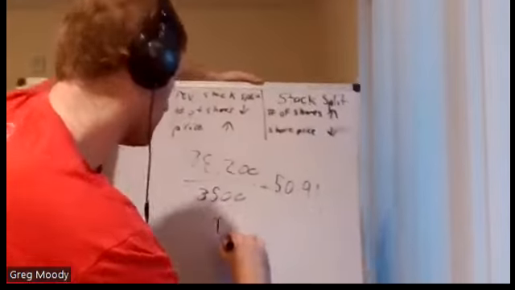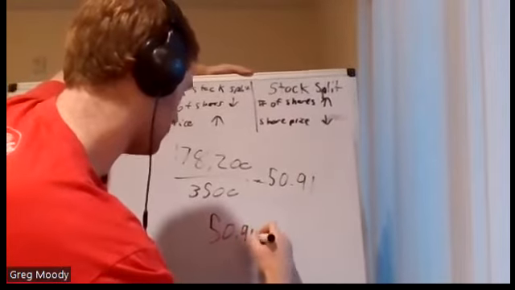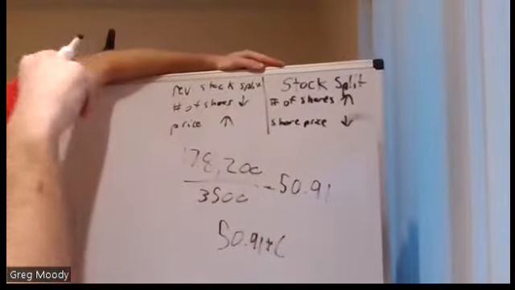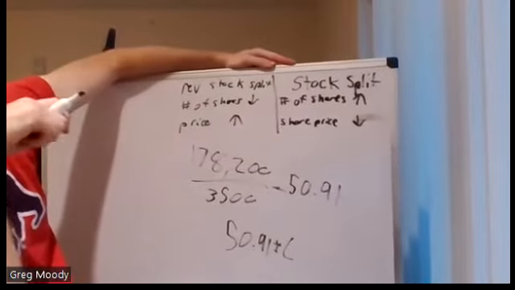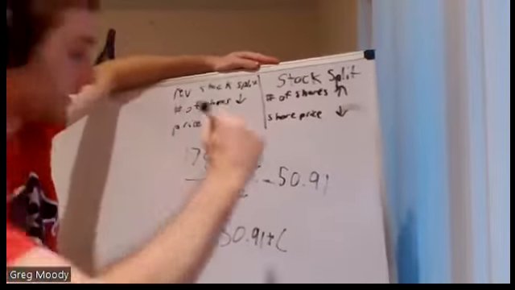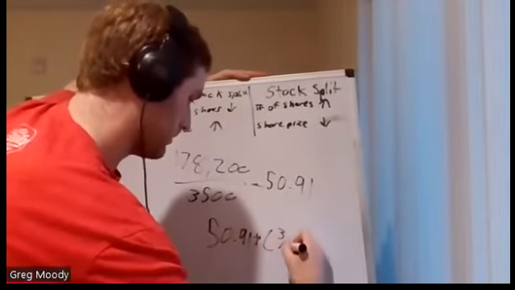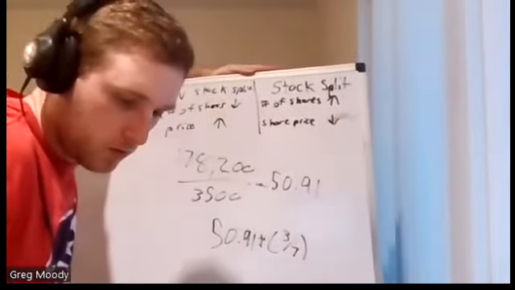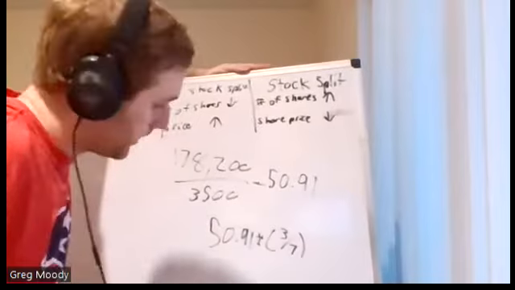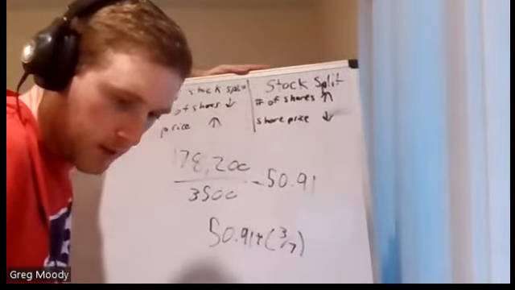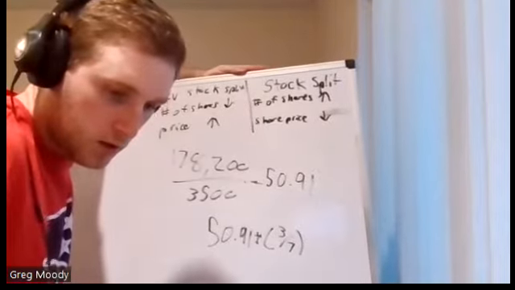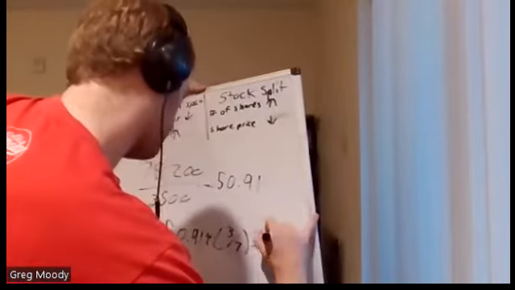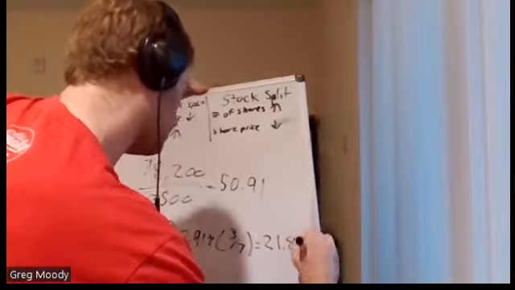So I'll take that 50.91 and multiply it. Now our price is going to drop because we're doing a stock split, so my larger number will be on the bottom. I'm going to take that 50.91 and multiply it by 3 divided by 7 and get 21.82.